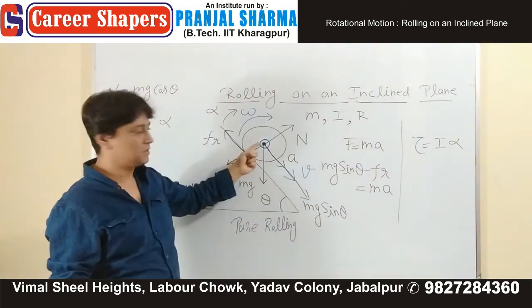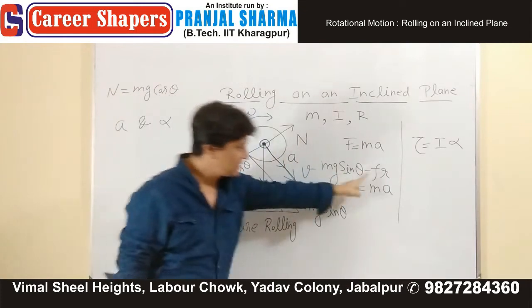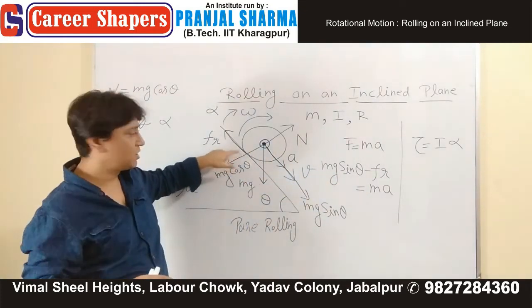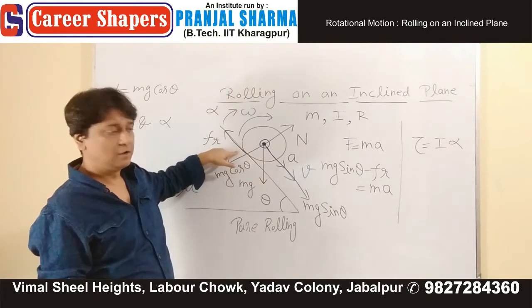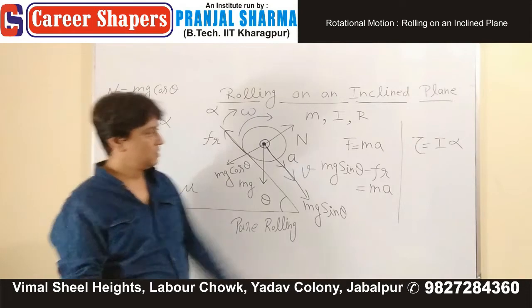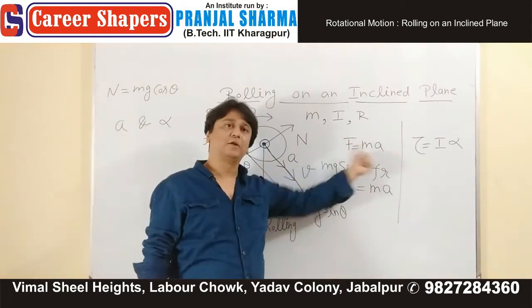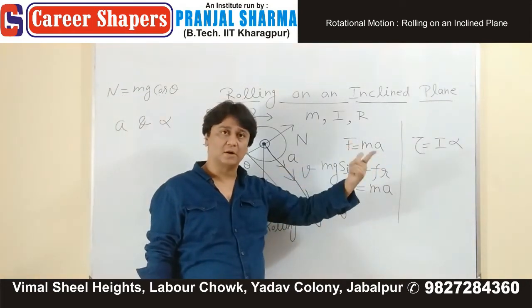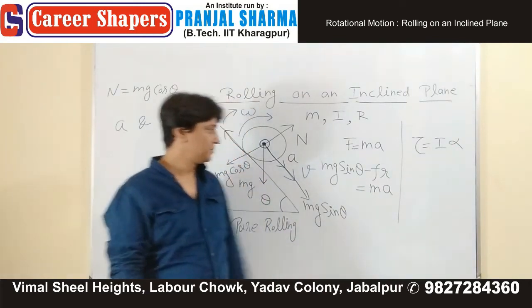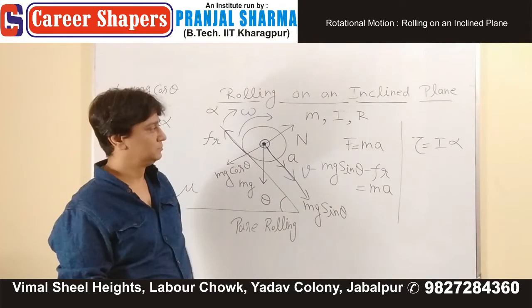Center of mass. So Fr is acting at the contact point, but we will not take the acceleration of the contact point, which is 0 because of pure rolling. This a in F equals ma is always the acceleration of the center of mass, m into a. This is the first equation.